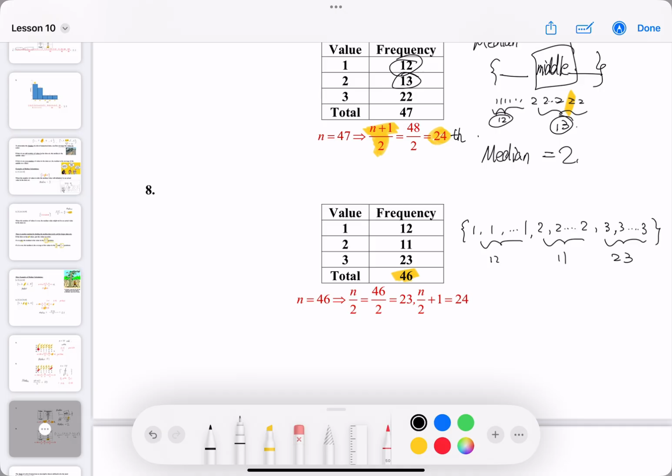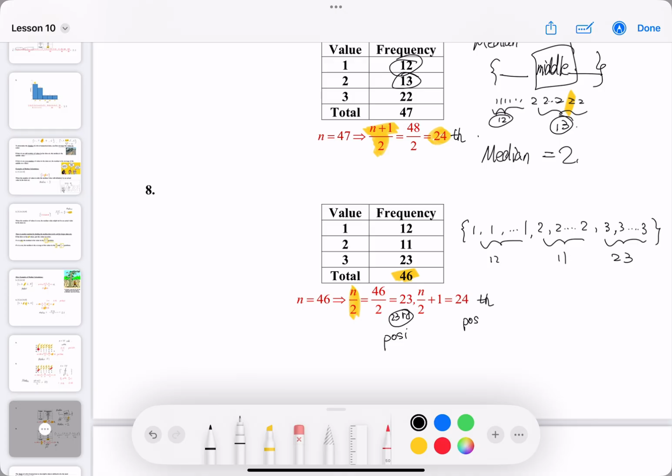We have the formula. We're using n over 2. 46 divided by 2 is 23. So 23 means the 23rd position. And 23 plus 1 is 24. This is also a position. Okay, I'm using the positions 23 and 24. Find the sum and then find the average.